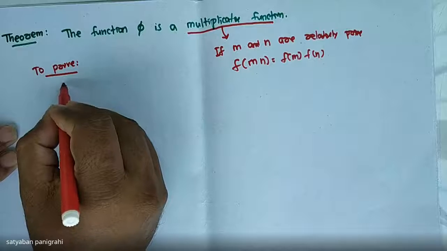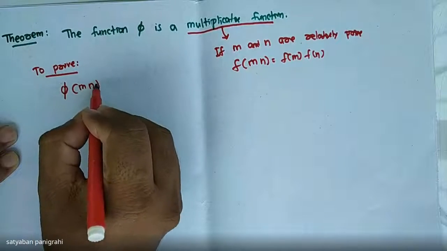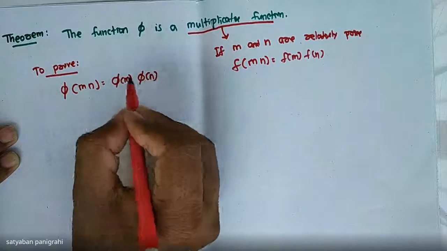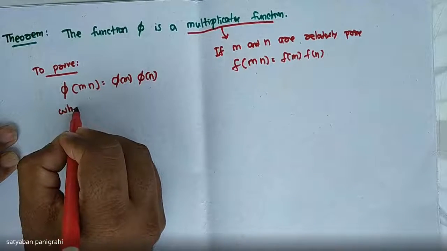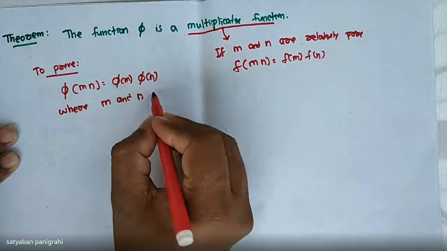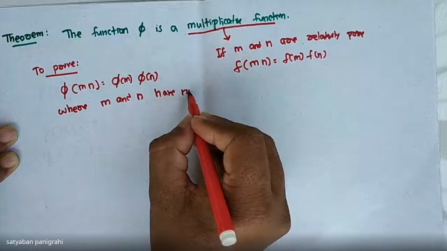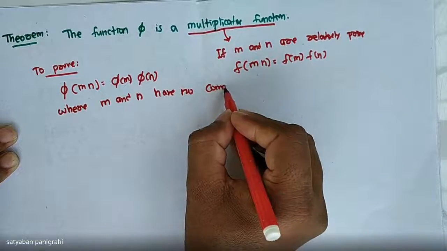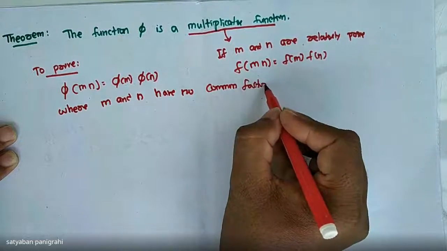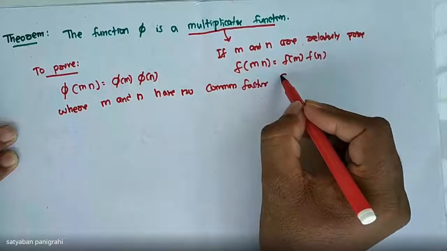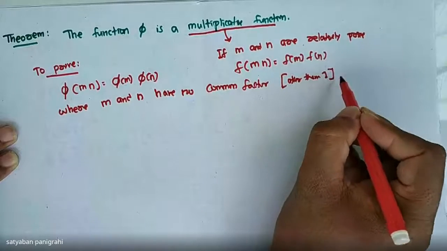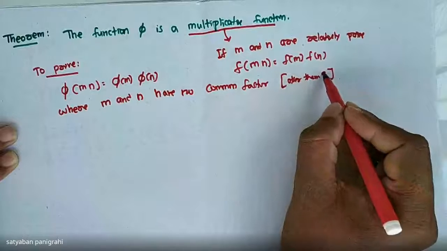Then to prove that phi of mn equals phi m into phi n, where m and n have no common factor, other than 1 definitely, because 1 is a common factor between these two numbers as usual.